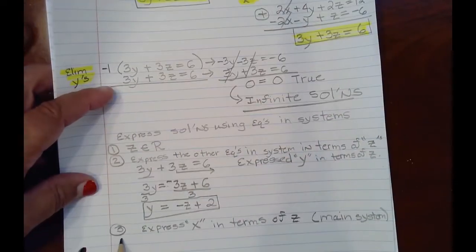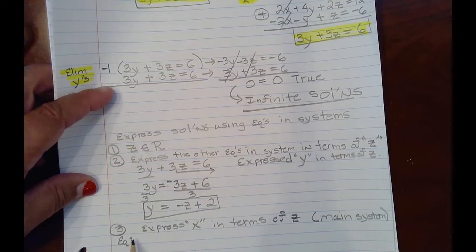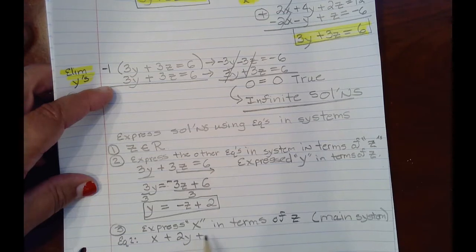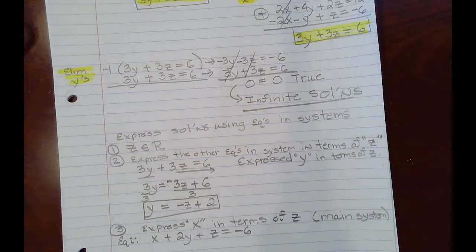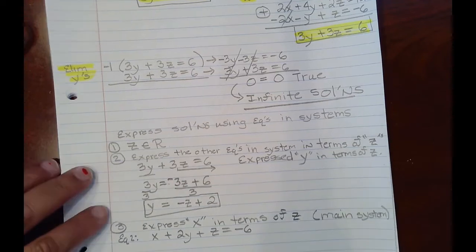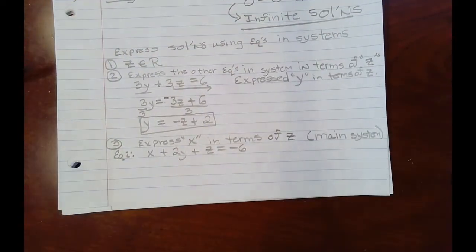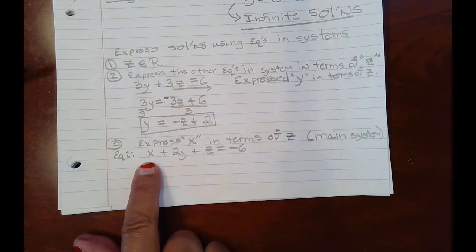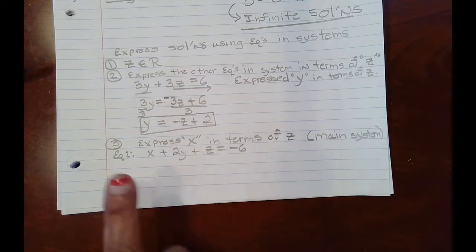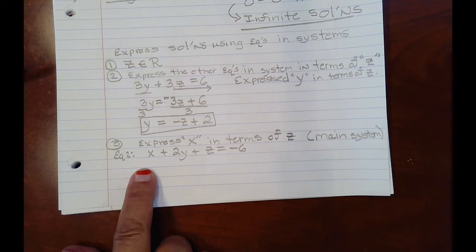So I choose to use equation 2, which is x plus, let me just remove it from the system so we can focus on what we're doing here. Okay, move this up so you can see it. If I'm going to give an expression for x in terms of z, I have to isolate x, and I cannot have any variable other than z.